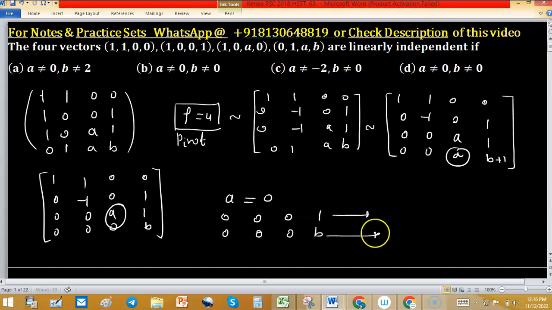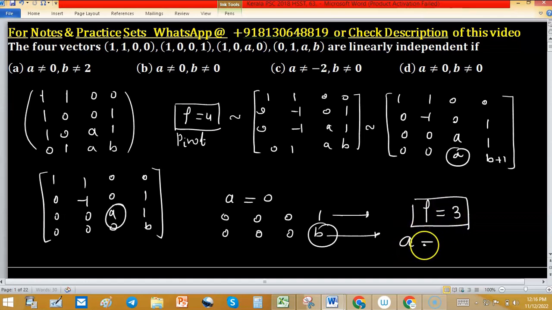These two are proportional, so you can make this entry 0 by elementary row operations, and the rank of this matrix will be 3.